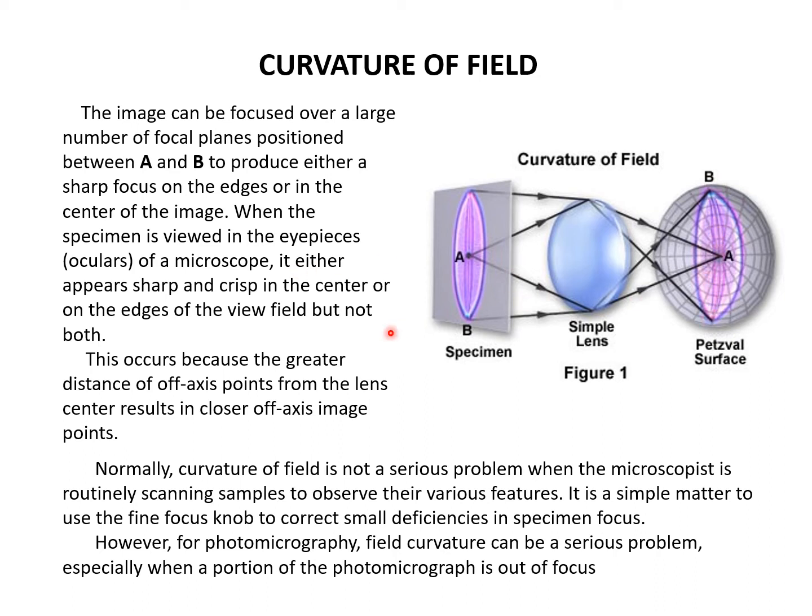So this is a defect. This occurs because the greater distance of off-axis points from the lens center results in closer off-axis image. So greater distance of off-axis points. Off-axis means which are distant from the axis of the lens.